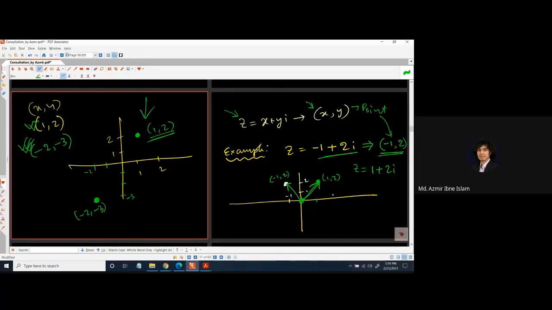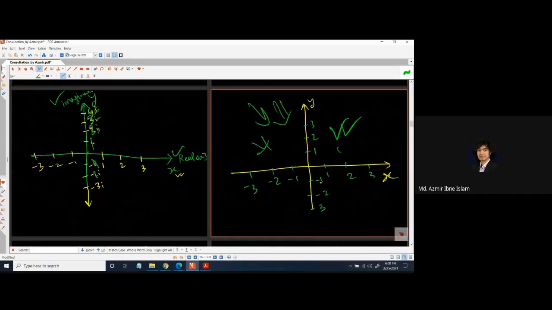So whenever we try to draw any complex number in the plane, where we have the x-axis and y-axis, we have to draw this line from the origin to the point. The system that we have seen here, where the real axis is x and the imaginary axis is y, is actually called the Argand diagram.